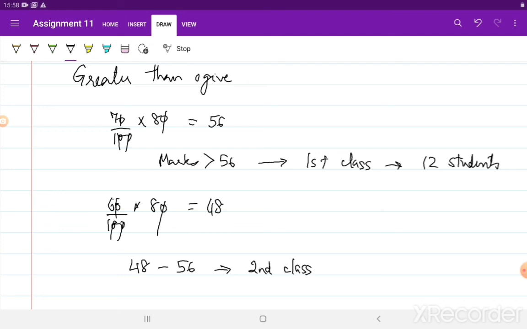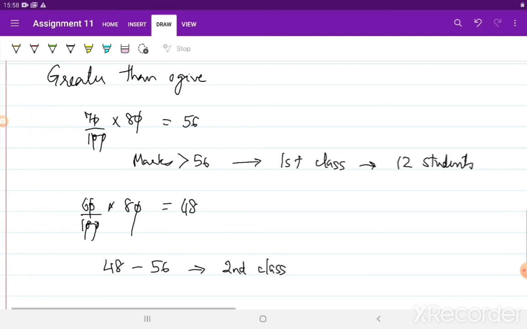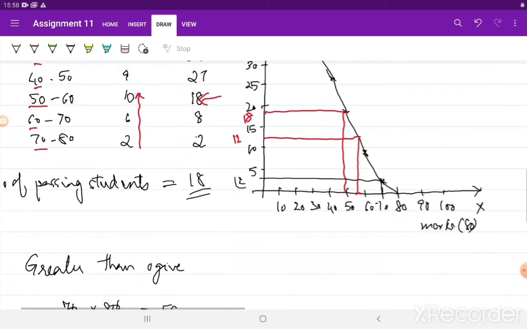Now, to find the number of students falling in the 48 to 56 range, you can use either of the ogives, the greater than ogive or the less than ogive. So let me show you using the greater than ogive.